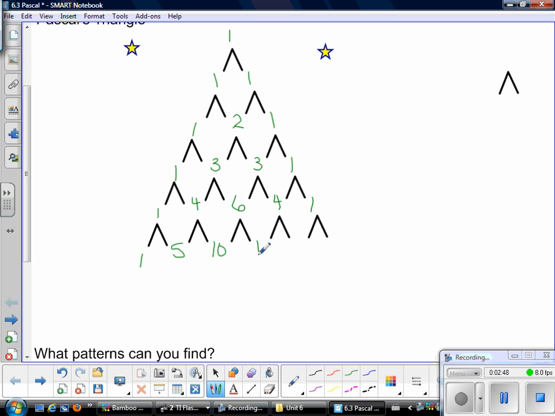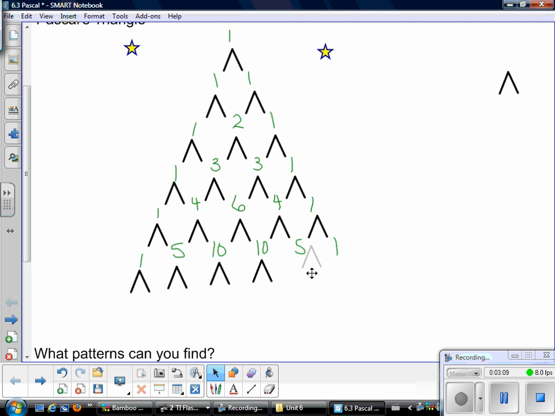I have 10 again, 5, and 1. Right, so another one. It's not really that difficult after you know what the pattern is, and you have to remember what that pattern is as well so that you can recreate it. Obviously, I don't memorize these rows by any means. I just recreate the triangle to help me.